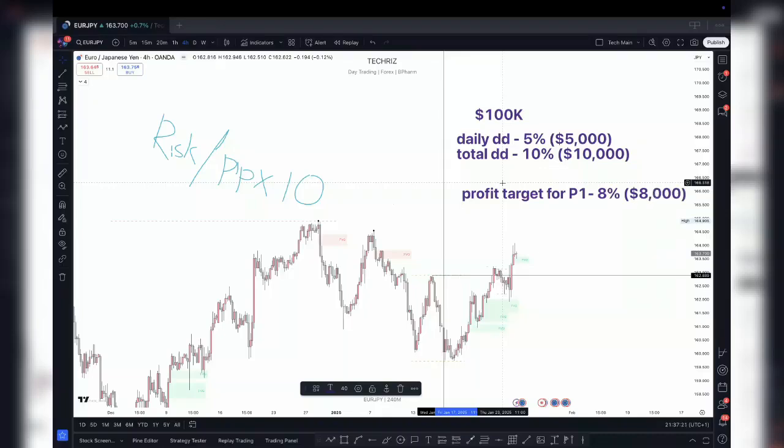And then profit target for phase two is 5%, which amounts to $5,000.